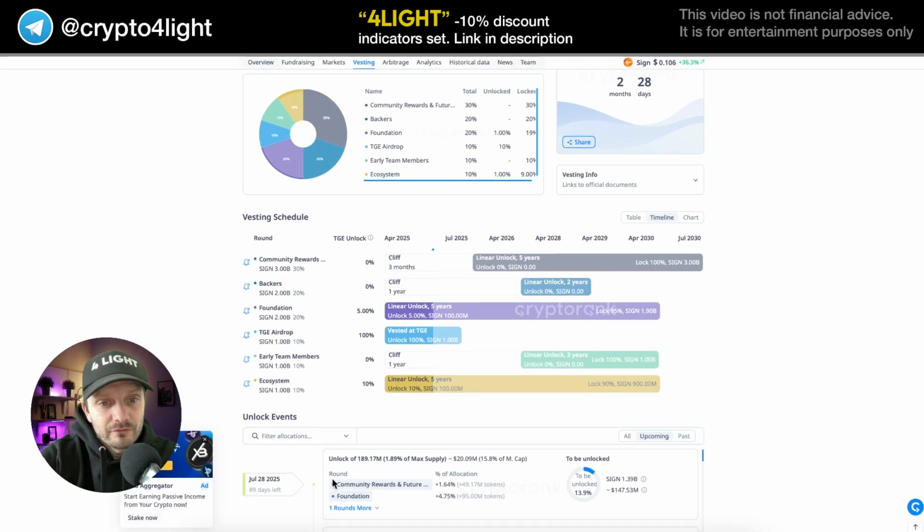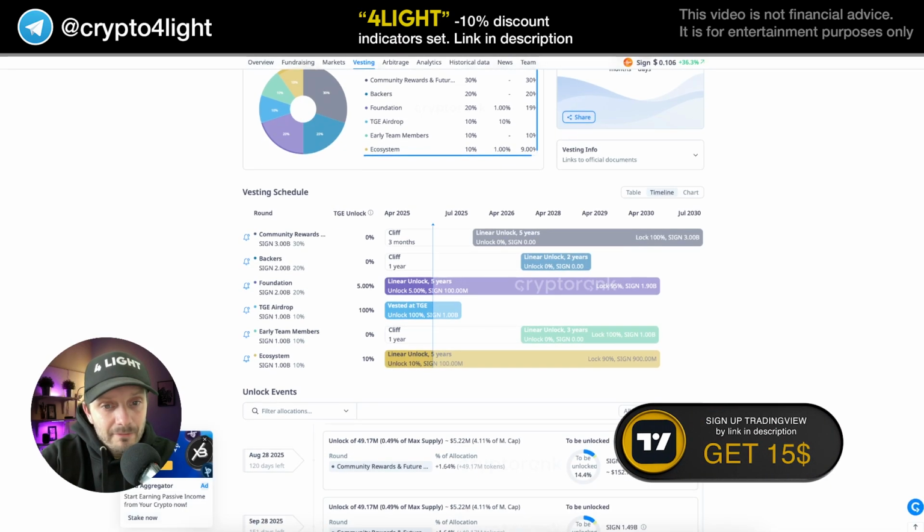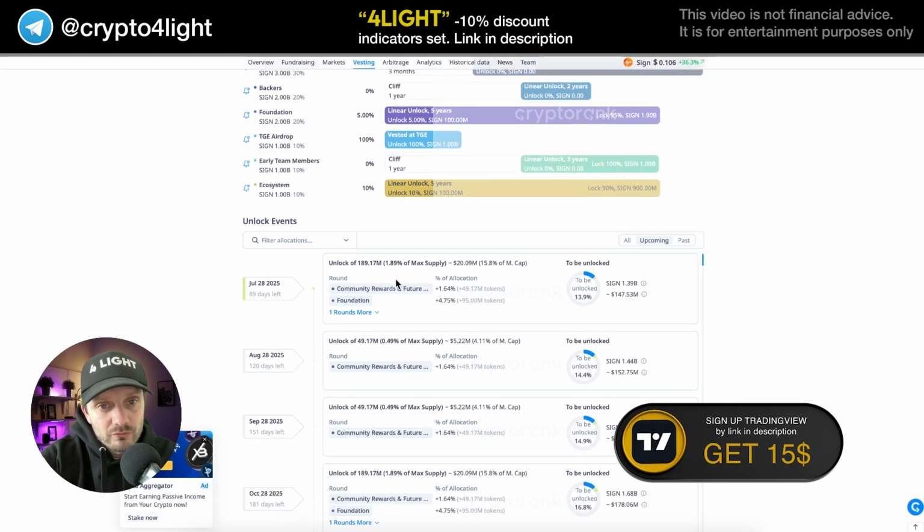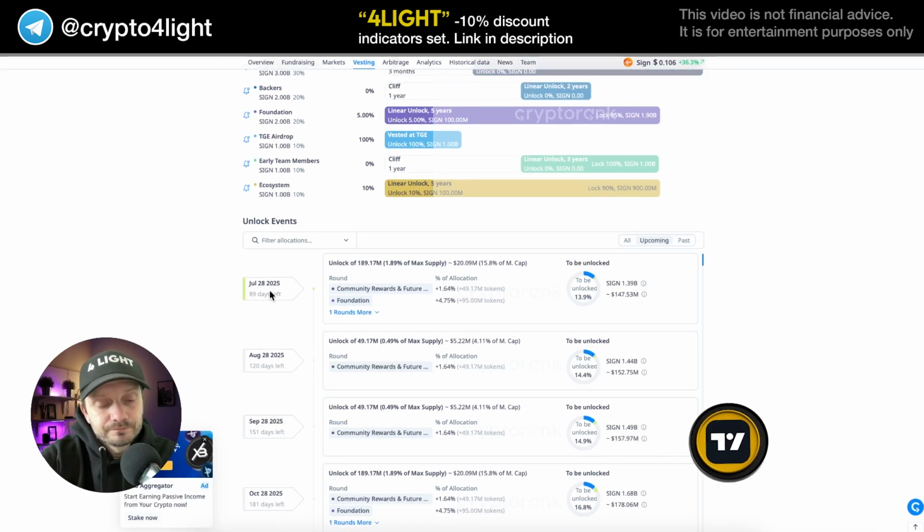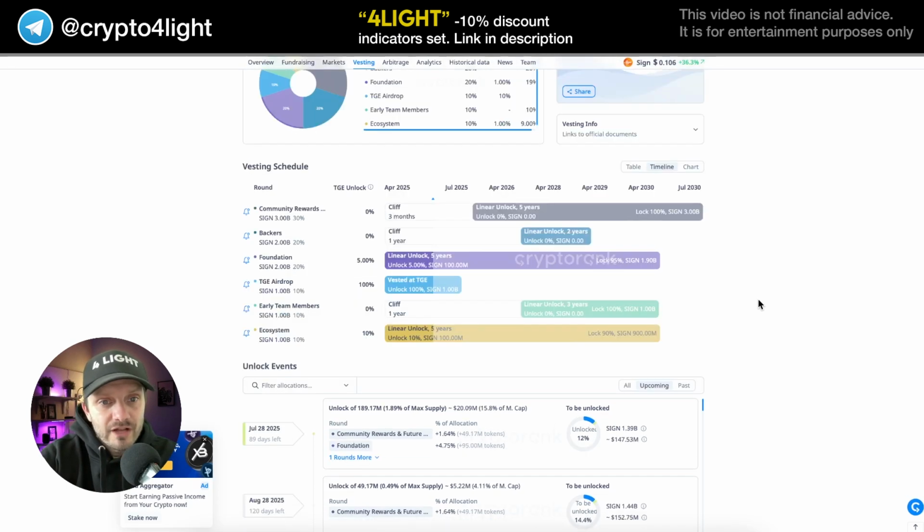And you have to pay attention to the unlocks because they're major. The next unlock, step by step, of course, not a crazy one, will be in June 2025. Of course, now we will see the TGE airdrop, 10%, 1 billion. So definitely you have to be careful with this one.